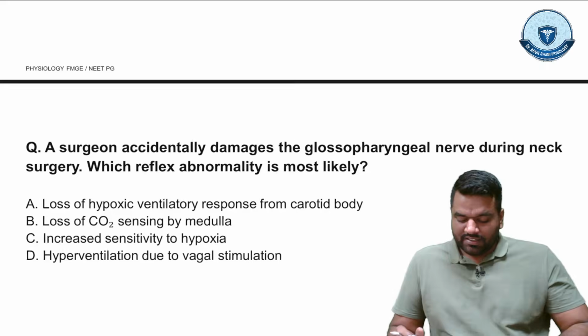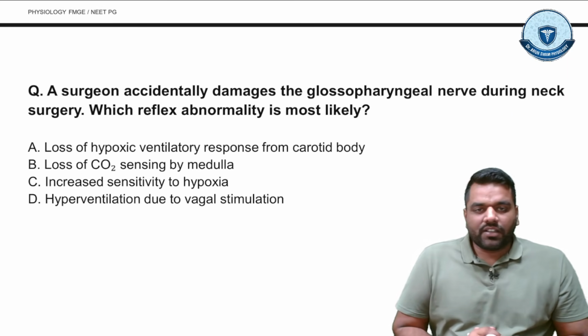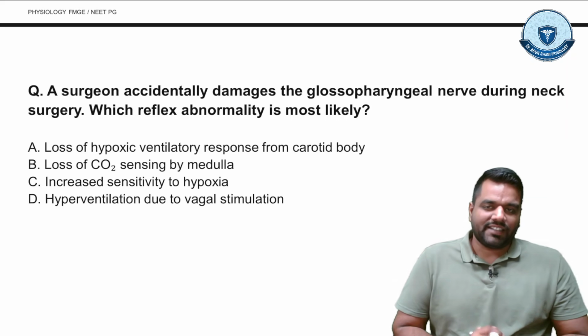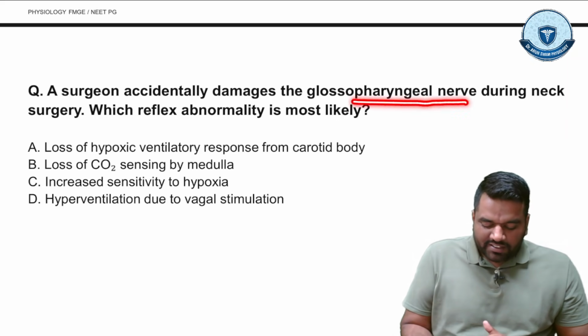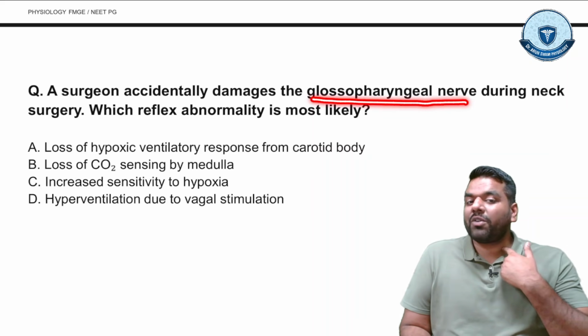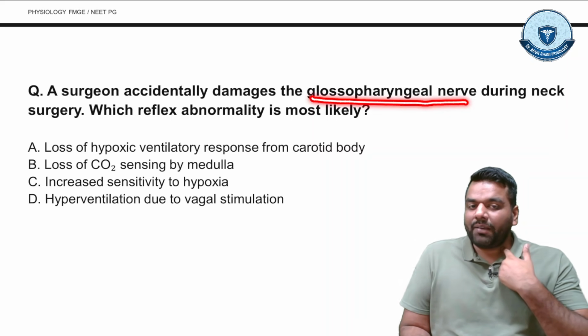Next question: a surgeon accidentally damaged the glossopharyngeal nerve during neck surgery. Which reflex abnormality is most likely? So guys, we know the glossopharyngeal nerve has the connection from the carotid area for the chemo and the baroreceptor. So what will happen?